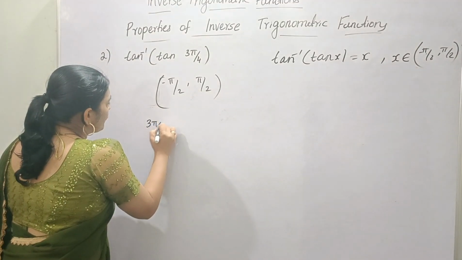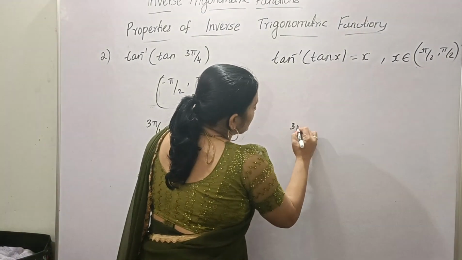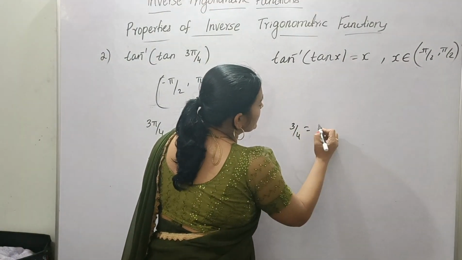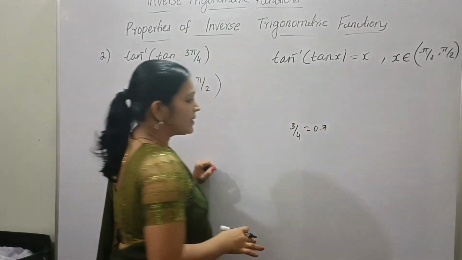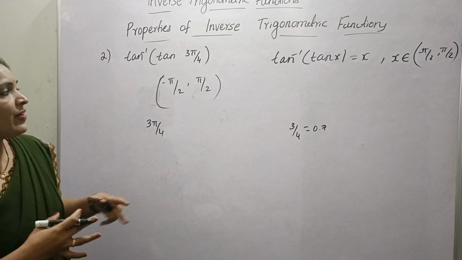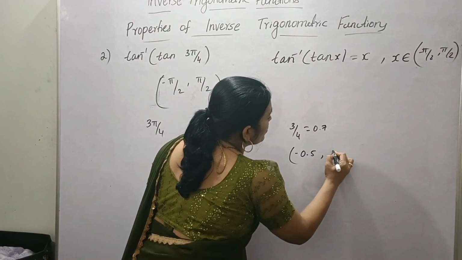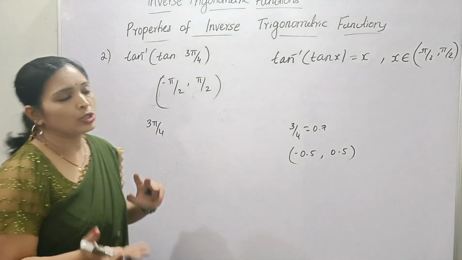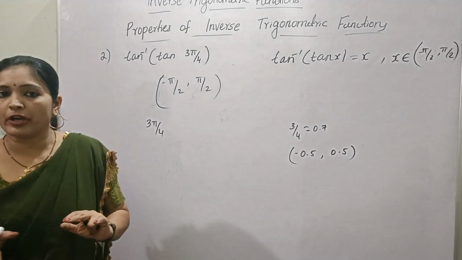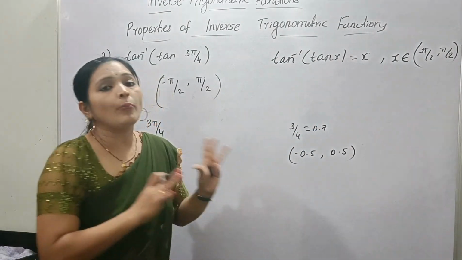See 3 pi by 4. What is 3 by 4? 3 by 4 is nothing but 0.7 something, right? Our interval is nothing but minus 0.5 to 0.5, with 0.5 not included in this interval, and our value is 0.7.